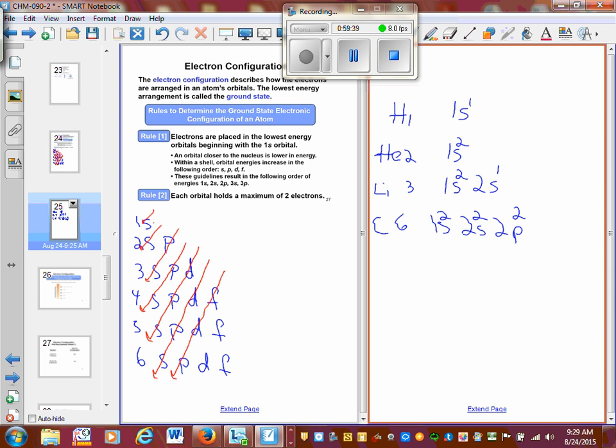Oh, let's shoot for the moon here. Sulfur, how many electrons? Sulfur? 16. First one, 1s2.